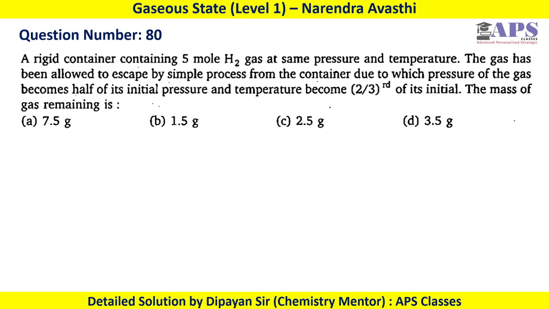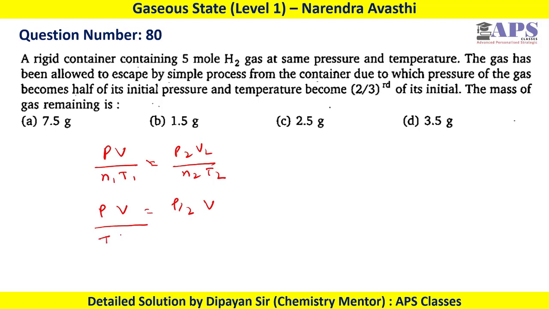The mass of gas remaining is, okay, so it is a case of P1 V1 by n1 T1 equal to P2 V2 by n2 T2. Okay, so we can write pressure P, volume V, mole 5, temperature T, final pressure P by 2, volume V, temperature 2/3 of T, number of mole n.